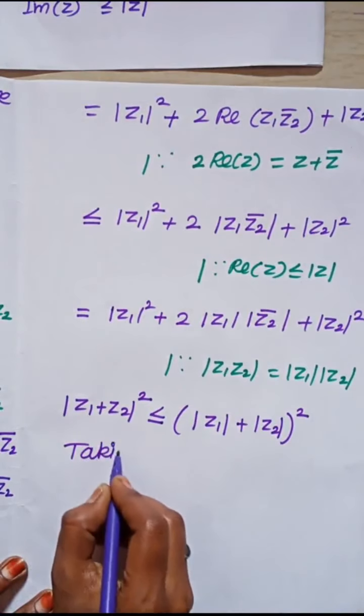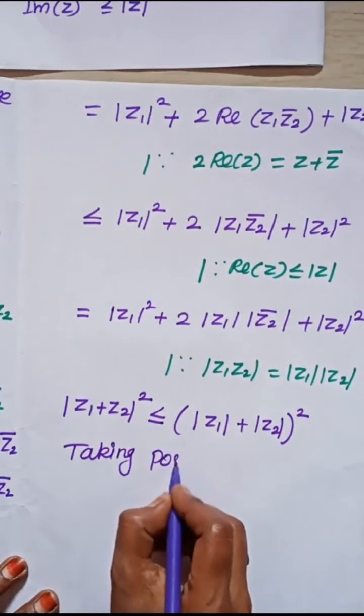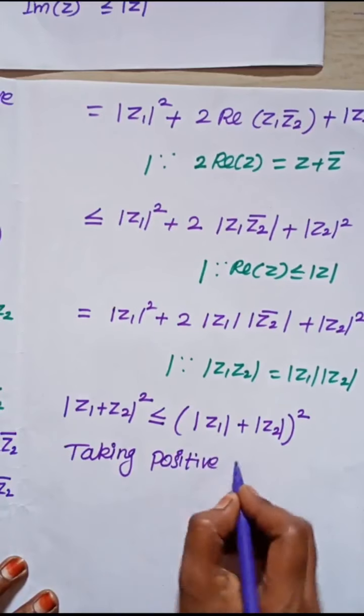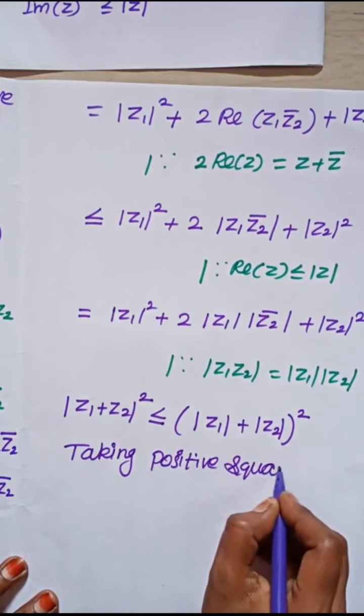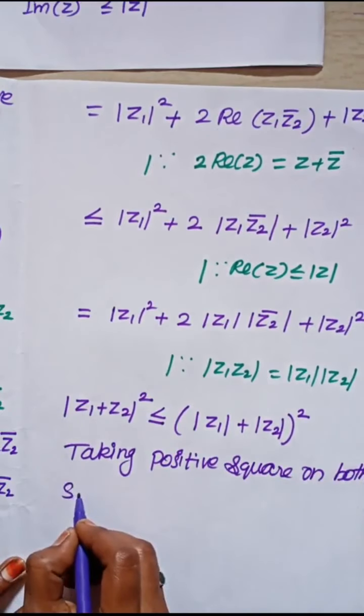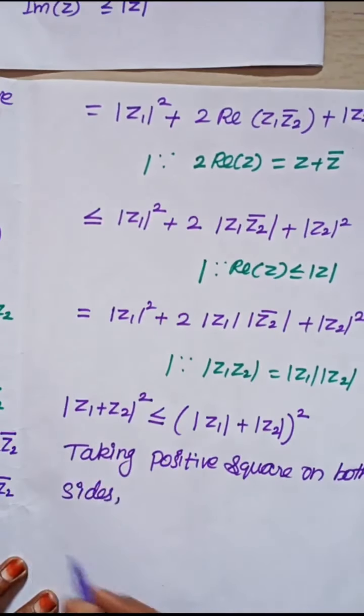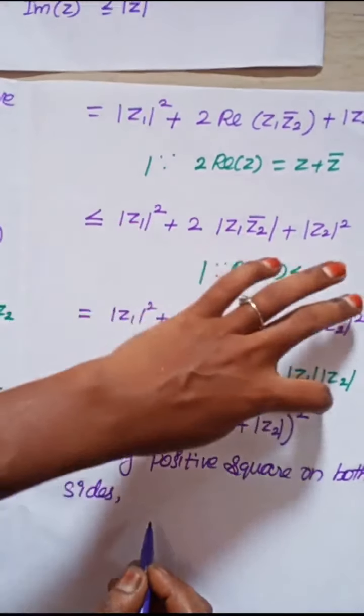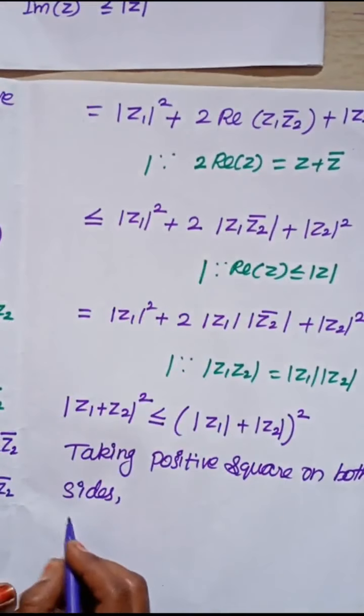Now taking positive square root on both sides, the squares cancel.